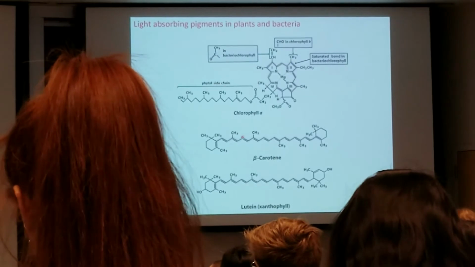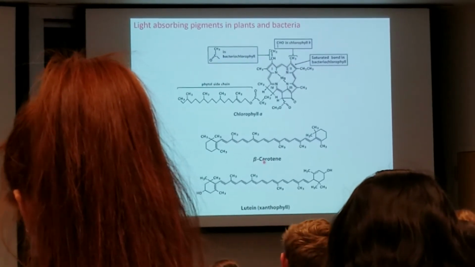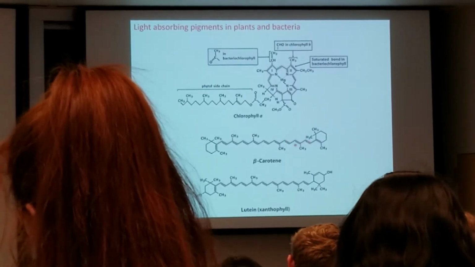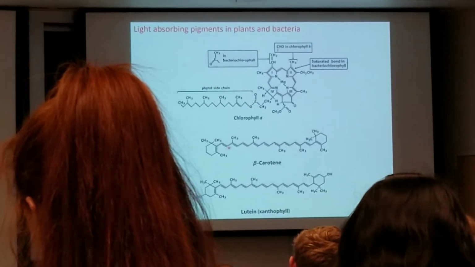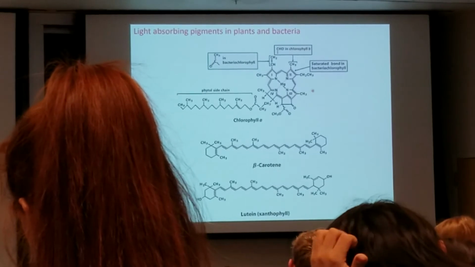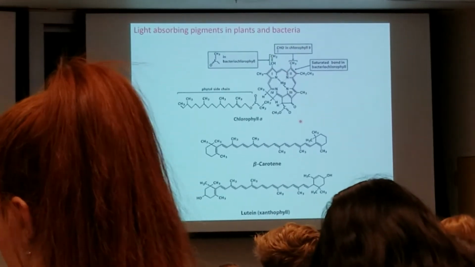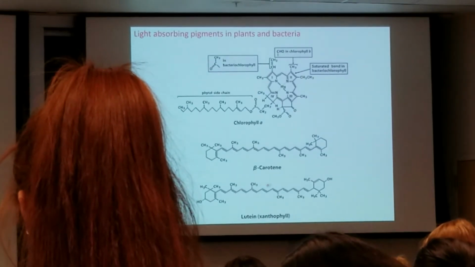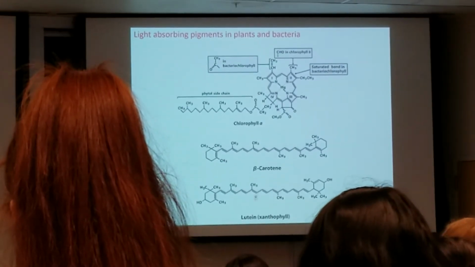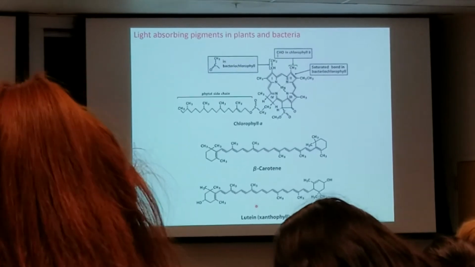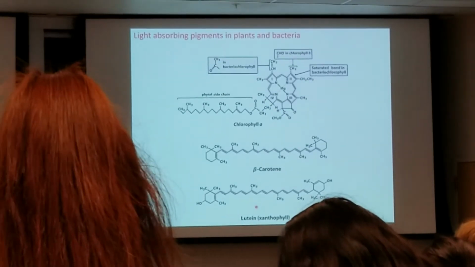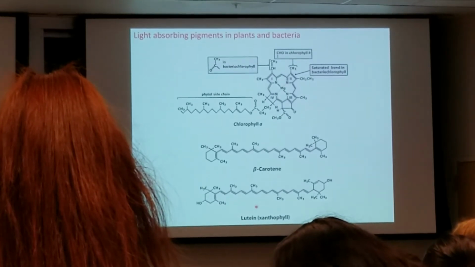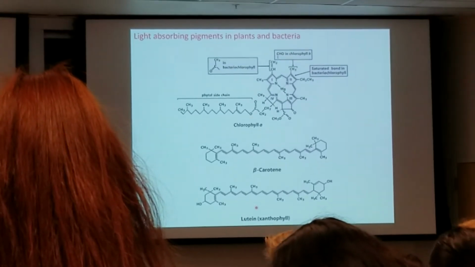Then you've got these compounds, beta-carotenes. They have lots of conjugated double bonds because they have a different structure than this molecule up here. They absorb light at different wavelengths. Here, lutein has a slightly different structure than up here. It absorbs at different wavelengths than beta-carotene. So carotene, you can remember as carrots have a lot of this stuff in them.